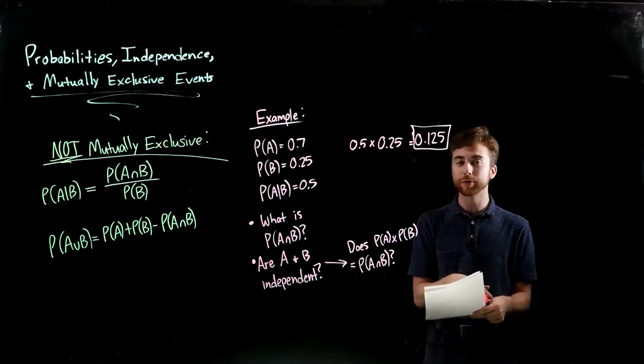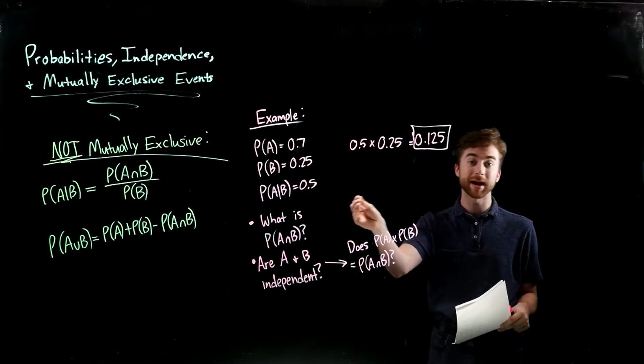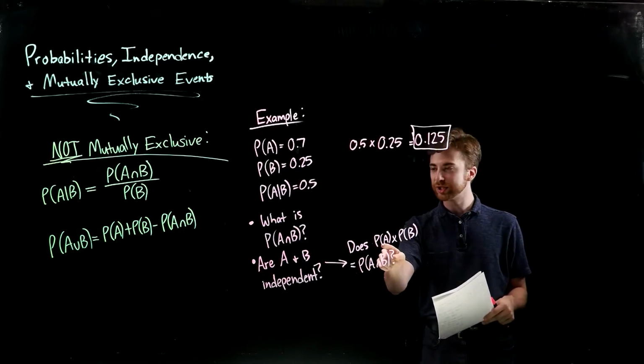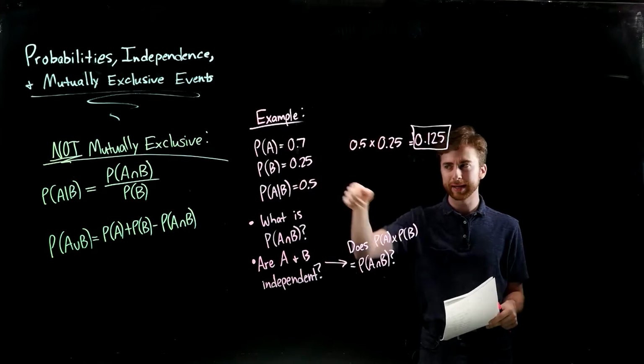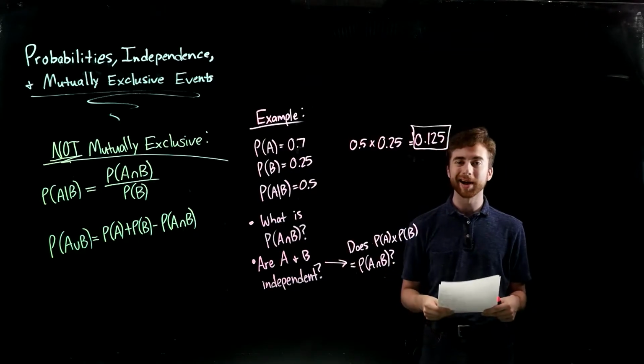If it's not, I know that they're not independent, and it was actually a good thing I didn't just go straight into P of A times P of B. So when we do that, we just take P of A times P of B, and sure enough, that's not 0.125 at all. So we know that the answer is that they're not independent.